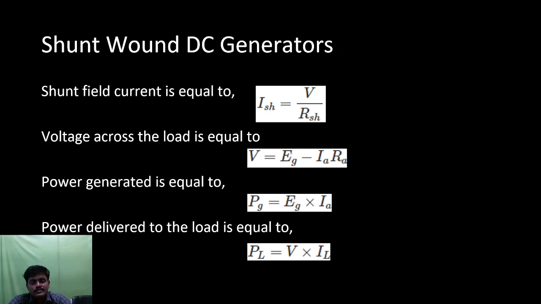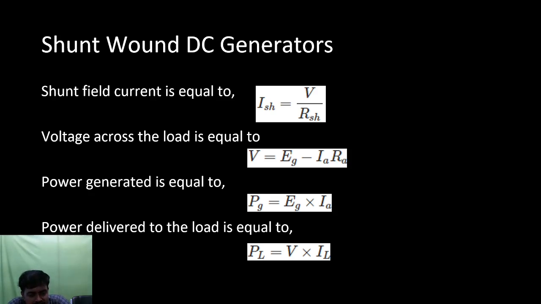That's why I put the voltage V in the numerator to find the corresponding shunt field current, and use RSH as the resistance value. That's why ISH is equal to V by RSH.